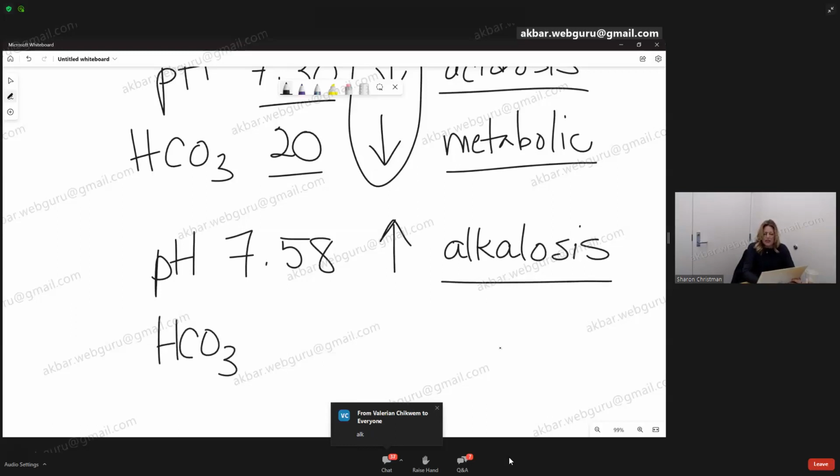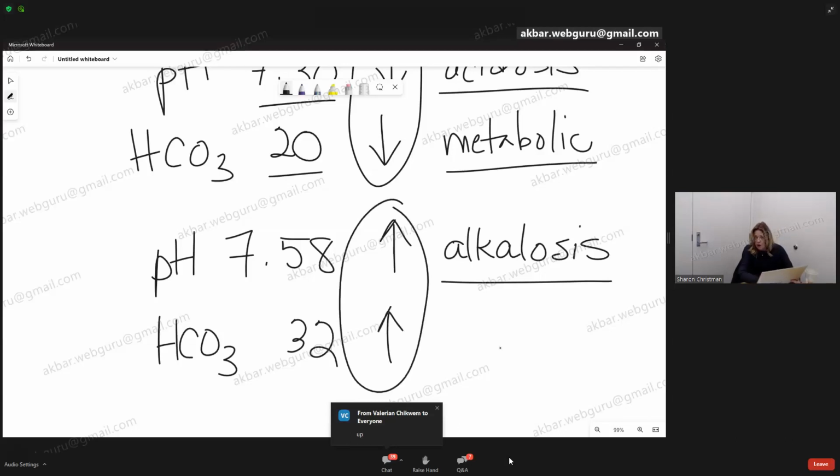The bicarb is 32. All right. Is that up or down? Well, that's up. So the pH and the bicarb are both in the same direction. When the pH and the bicarb are both in the same direction, then it is what? Metabolic. So this one's metabolic alkalosis.